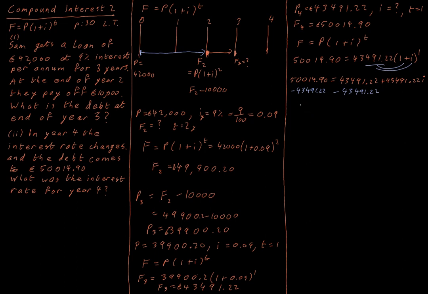And when we do that subtraction, we get 6,523.68 is equal to 43,491.22 I. Now I divide by the coefficient of my letter in order to get I by itself.